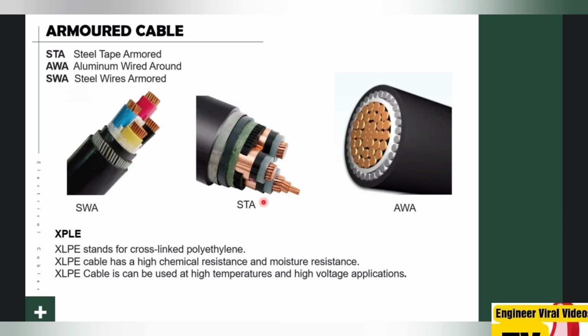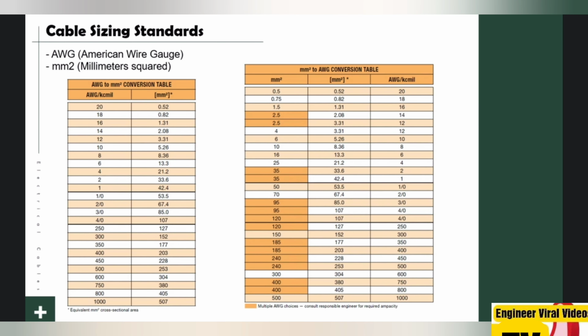If we want to talk about the XLPE layer, XLPE stands for cross-linked polyethylene, and it has high chemical resistance and moisture resistance. We can also say that XLPE can be used in high temperature and high voltage applications. And if we want to talk about cable sizing, there are two standards to size the cable.